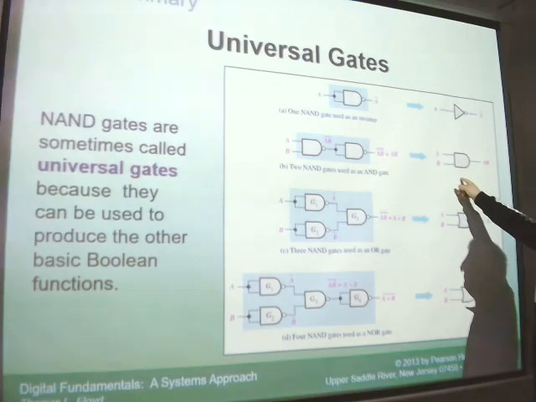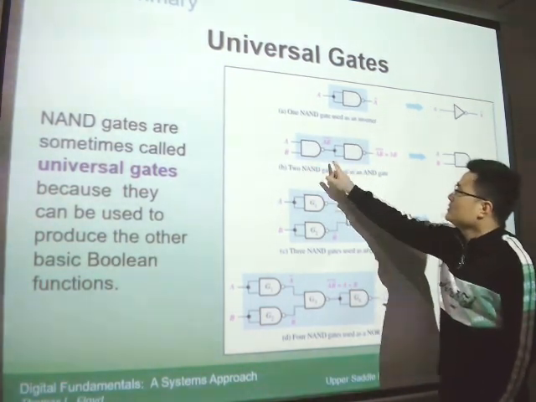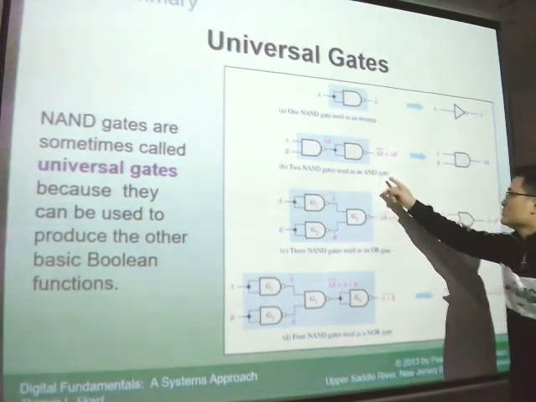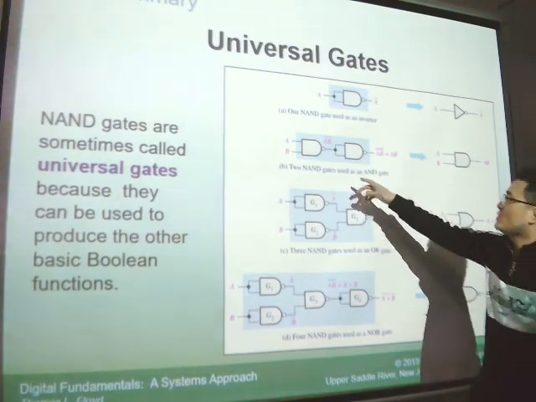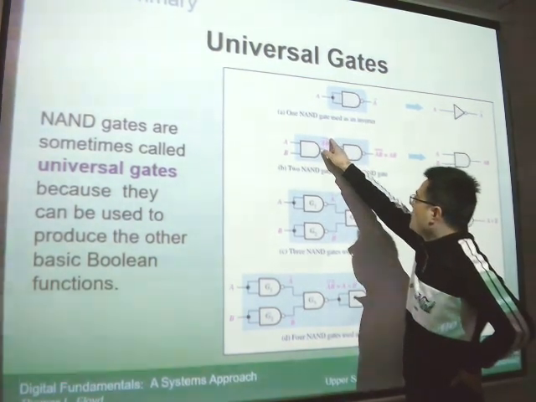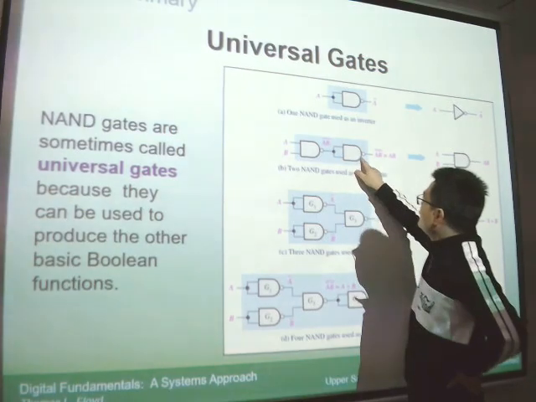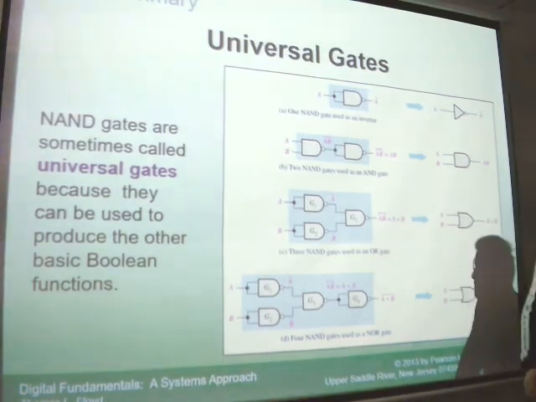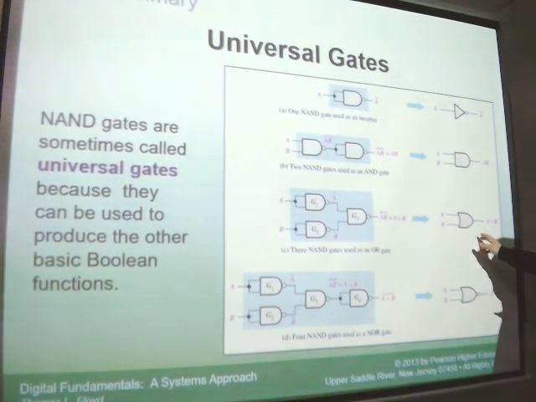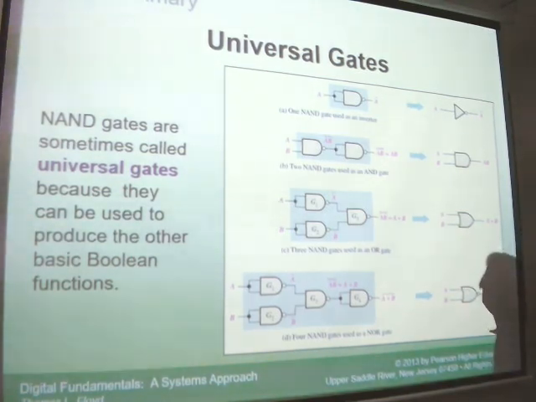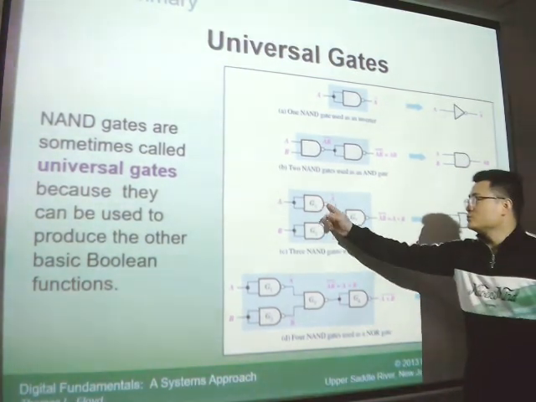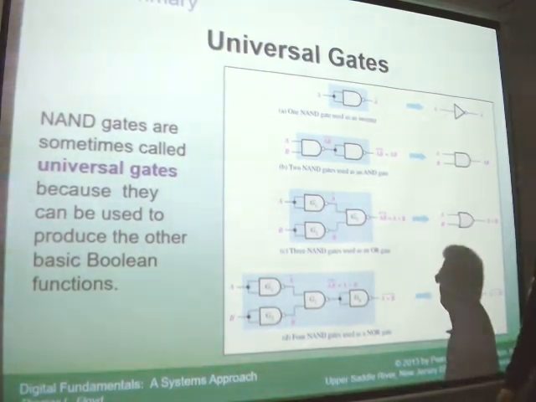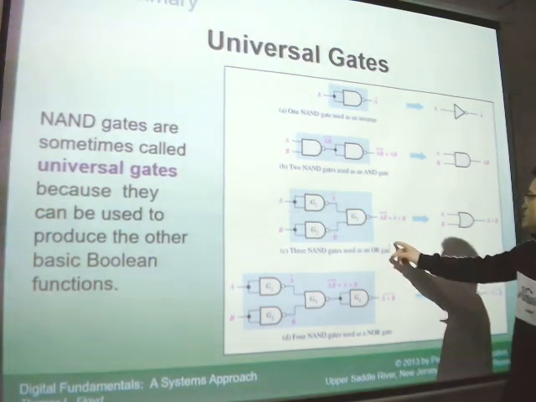For the AND gate, we can use two NAND gates to generate it, because this is (AB) bar, and (AB) bar double bar equals AB. For the OR gate, use three NAND gates.